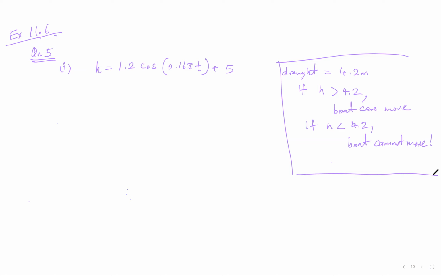So that's the issue here. So they want you to substitute t equal to 4. So h when t equal to 4. So when you get this, you get roughly about 4.49 meter.